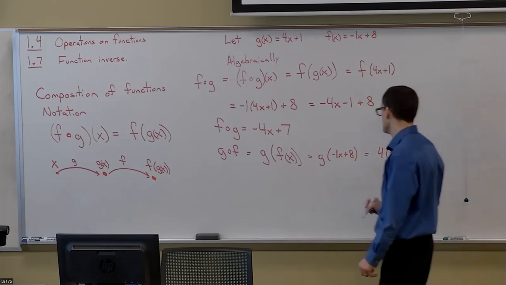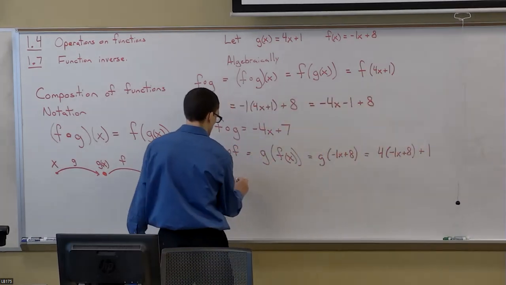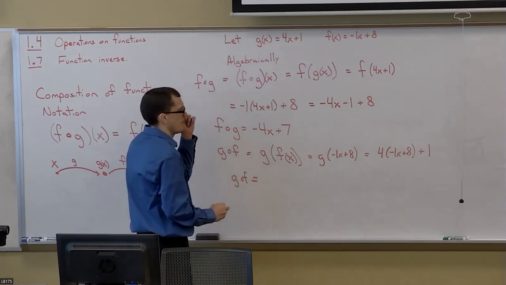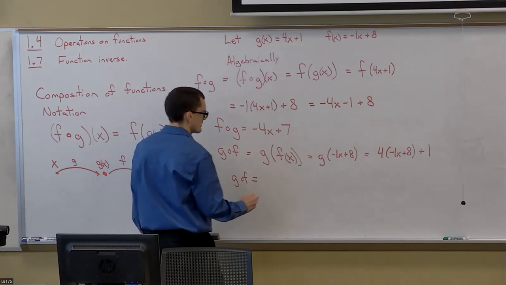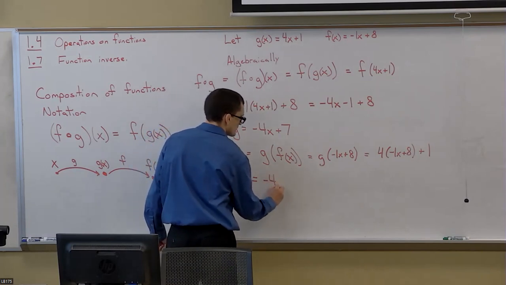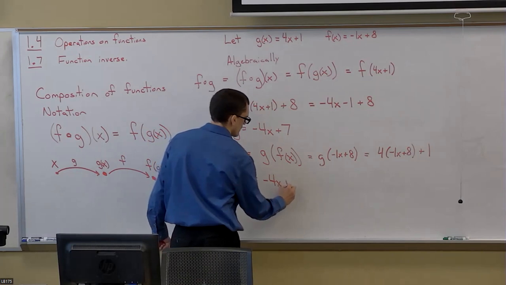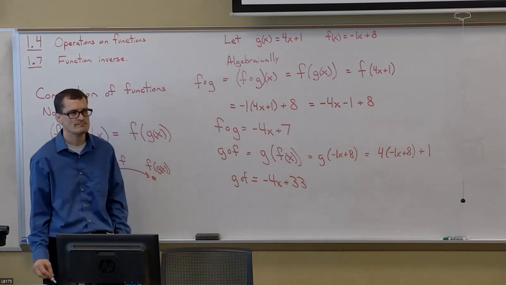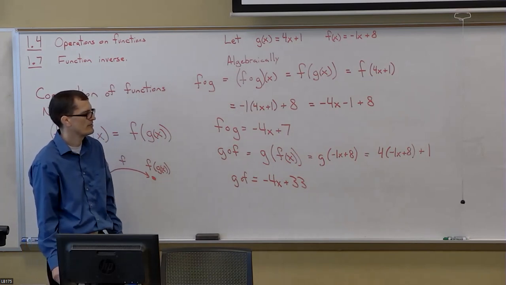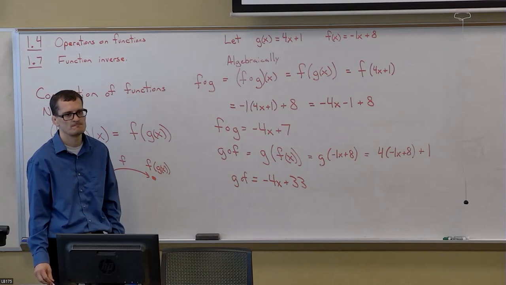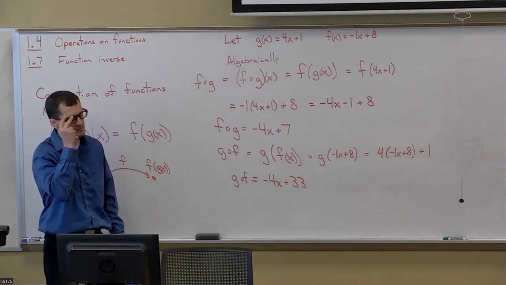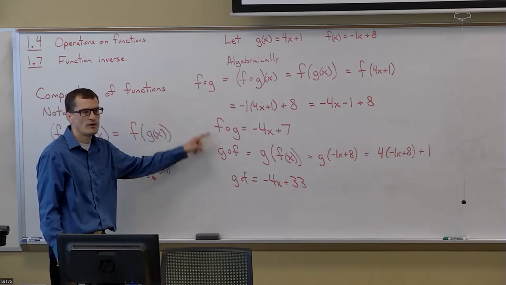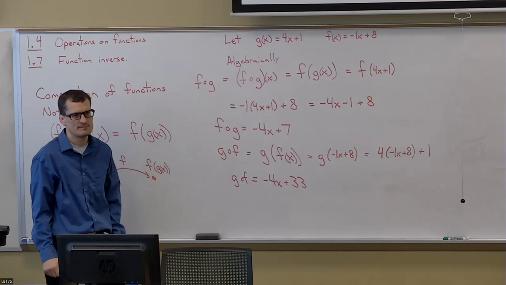When I simplify that, I get negative 4x plus 33. It looks like 4 times 8 plus 1 is 33. Notice once again, order makes these two things not the same.